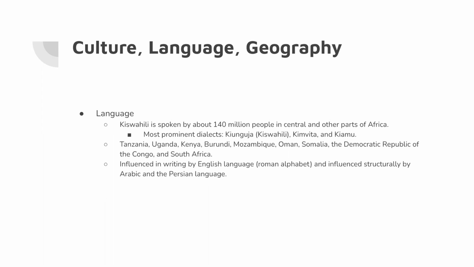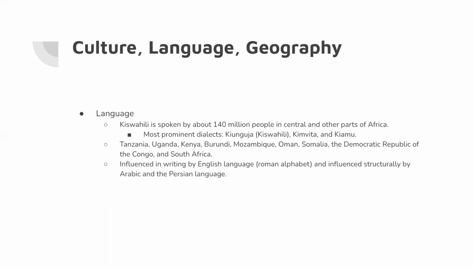And to go more into detail on the language that the speaker speaks, Kiswahili is spoken by about 140 million people in Central and other parts of Africa. Kiswahili is one of the most prominent dialects, along with Kimvita and Kiamu.